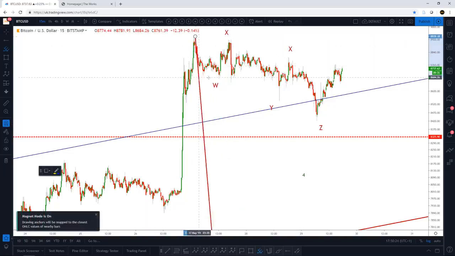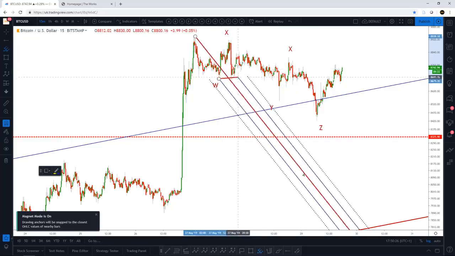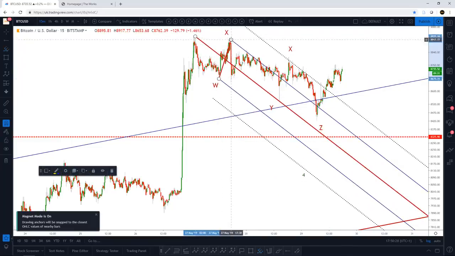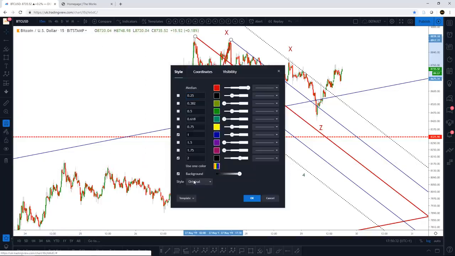First pivot, W came to here, second pivot, third pivot here. That's the original pitchfork. We want to use shift.